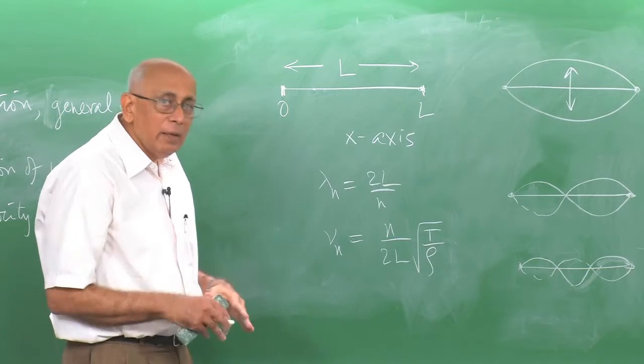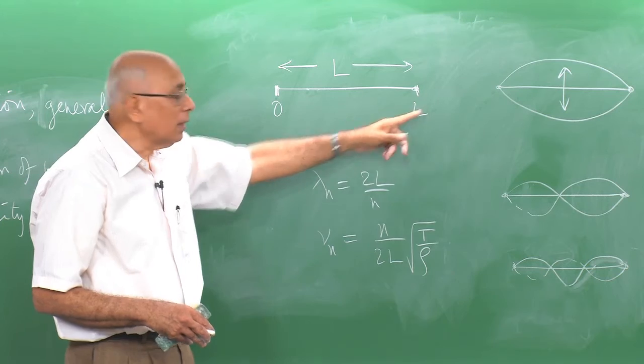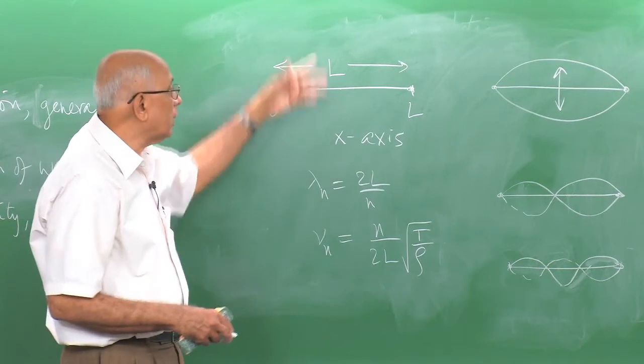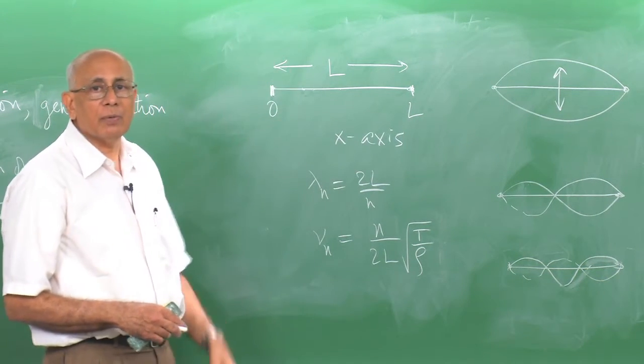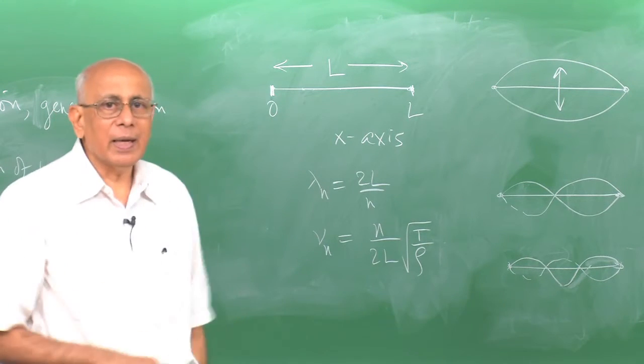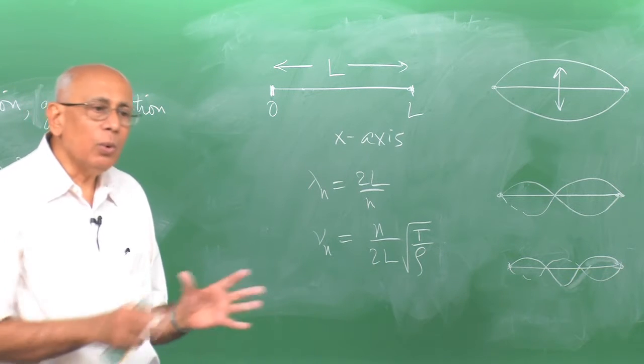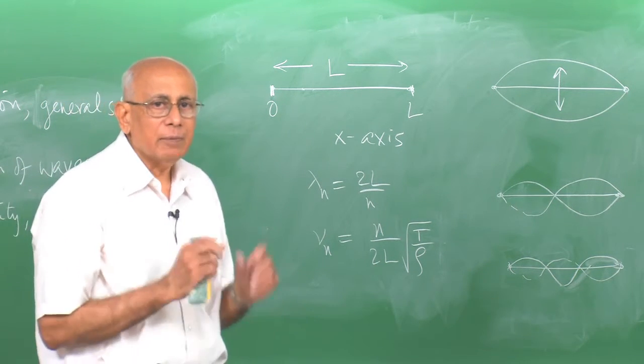For a given t, you have to say something about what happens for different x's, and for a given x you have to say what happens to this point for different values of t. So not surprisingly, the equation of motion that we get, called the wave equation, is actually a differential equation with 2 independent variables x and t in this case.